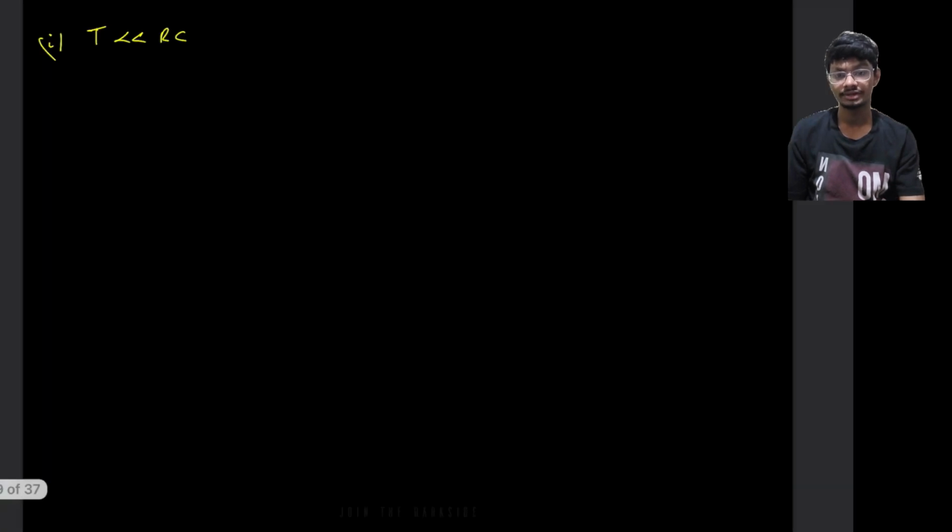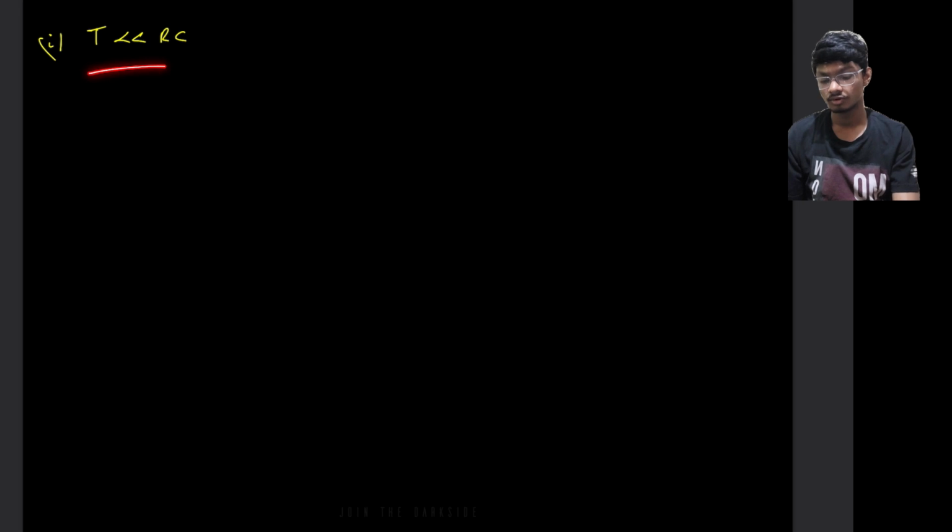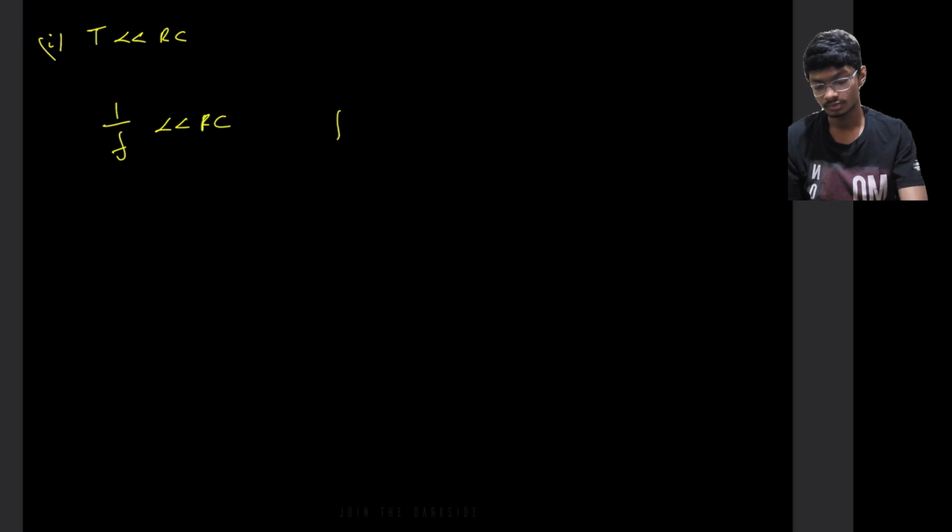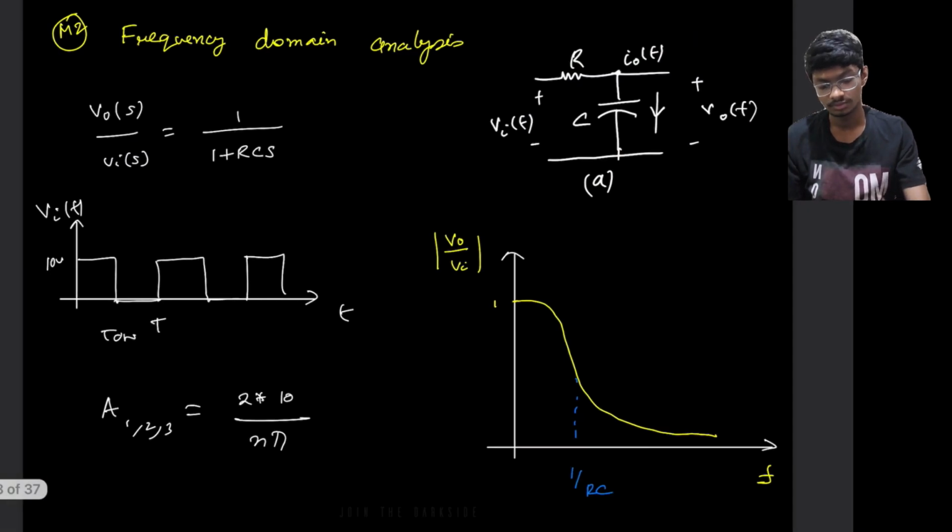Now in case 1, where t is much less than RC, what will happen? If t is much less than RC, so 1 by f is much less than RC, where f is much greater than 1 by RC. So the signal frequency is much greater than 1 by RC. What does this mean? Basically 1 by RC is here, and the signal frequency will lie somewhere around here, and the harmonics will lie along this, so the gain will get attenuated even more.